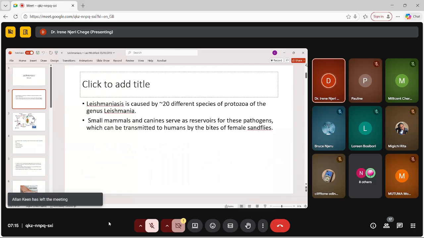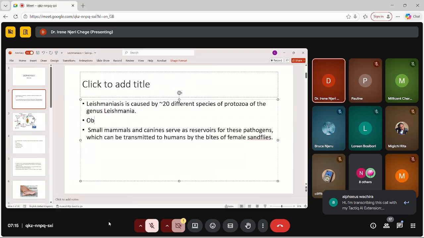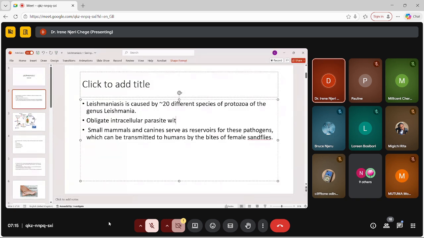So just know that they're obligate intracellular parasites where they actually have two hosts. We have the insect vector host, which is the sandfly, and then we have the vertebrate host, which can be man. Okay, so just know that it's an obligate intracellular parasite with two hosts.